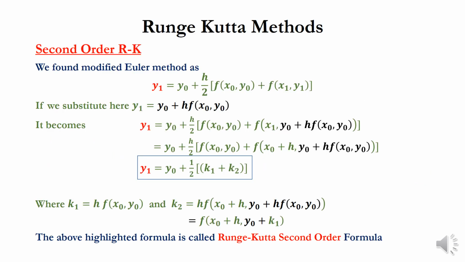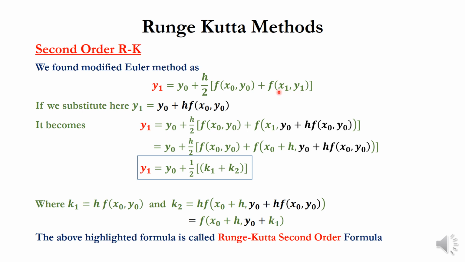Now we will see what Runge Kutta methods are. We found the modified Euler method as y1 is equal to y0 plus h by 2 into f of x0, y0 plus f of x1, y1.